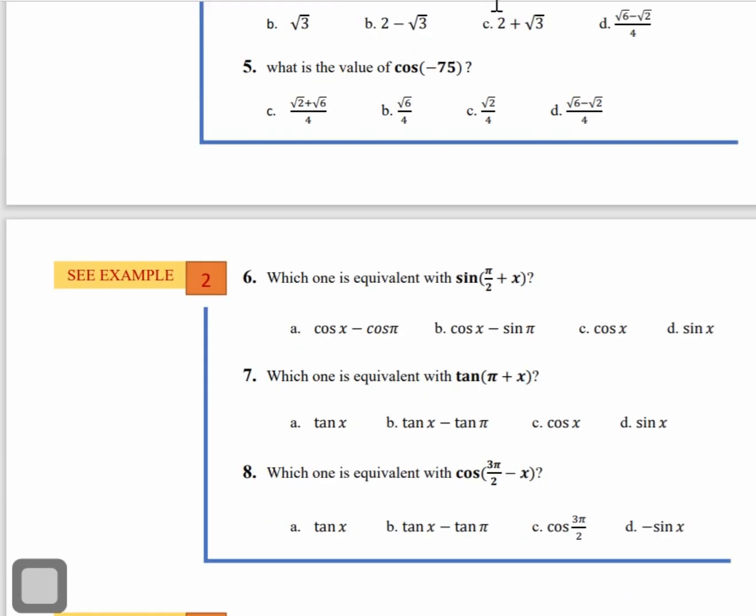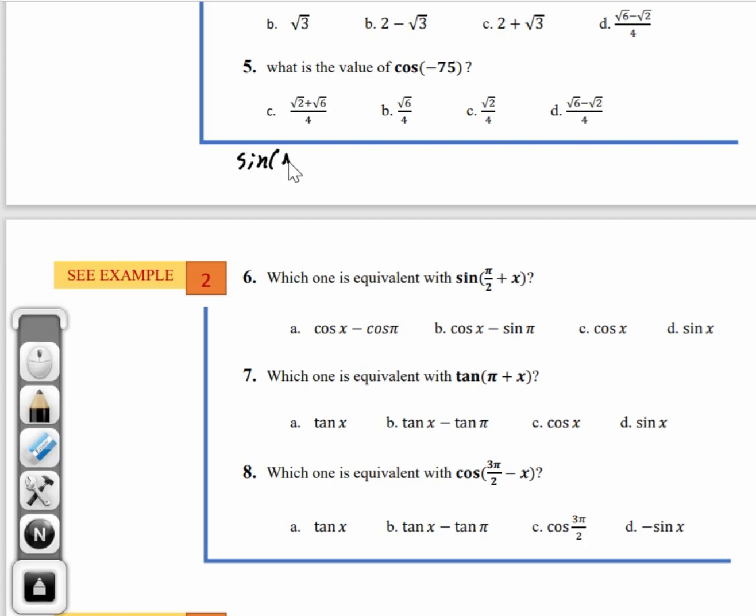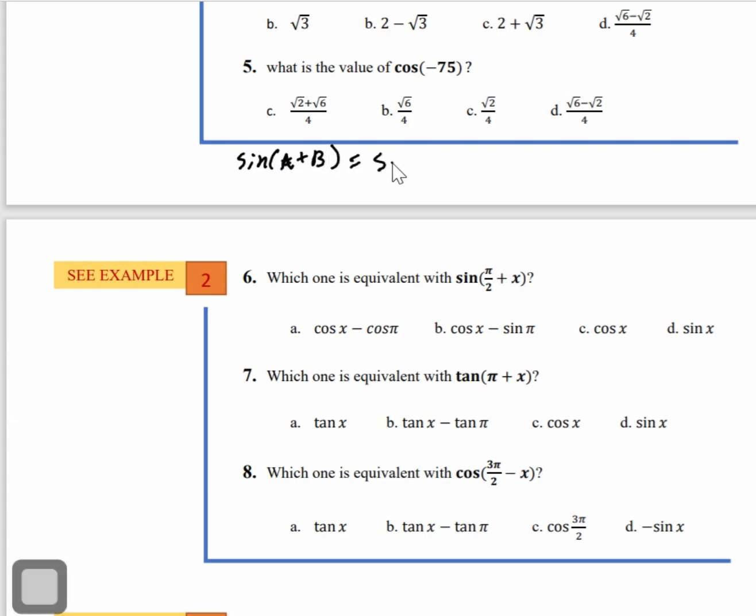For example number 6, we have: which one is equivalent to sine of pi over 2 plus x? For the rule of sine, we have sine a plus b equals sine a multiplied by cosine b plus cosine a multiplied by sine b.